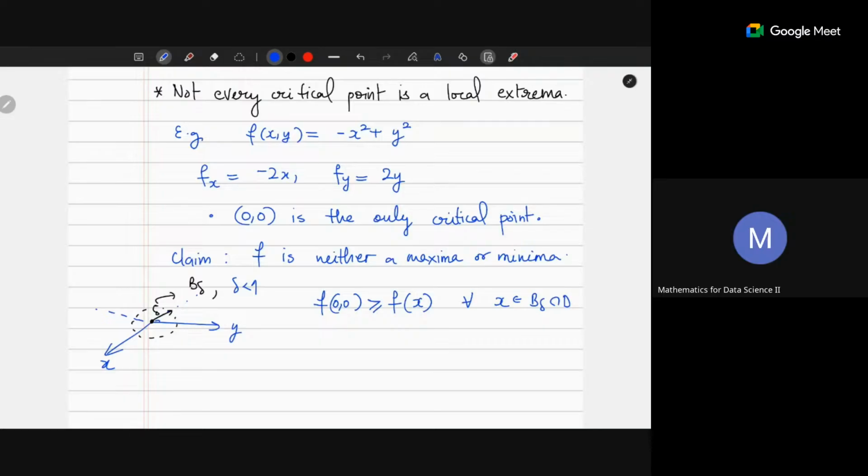This is the condition for a maximum. Suppose f is a maximum at 0, 0.